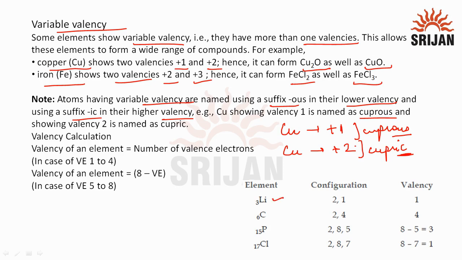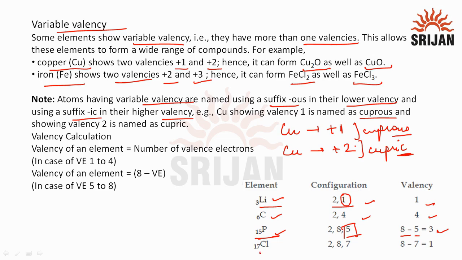Now here are some elements with their electronic configurations and valencies. For lithium, the configuration is 2,1, and since the number of electrons present in the outer shell is 1, its valency is 1. For phosphorus, the number of valence electrons is more than 4, so we do 8 minus the number of valence electrons, and its valency is 3.